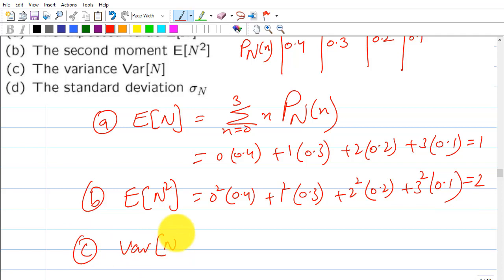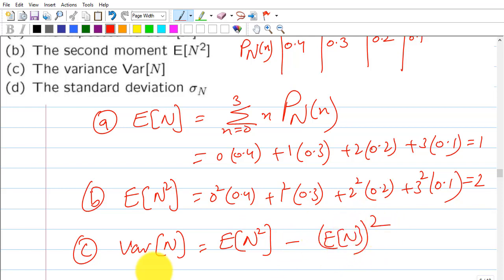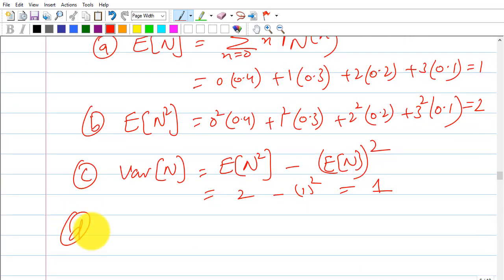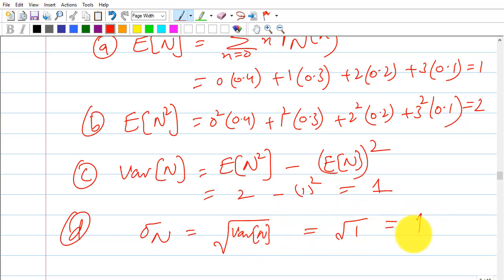Variance of N is equal to, using the relation, the second moment of N minus the square of the first moment, so 2 minus 1 squared. So the variance of N is 1. The fourth part asks for the standard deviation. The standard deviation sigma N is the square root of the variance of N, and the square root of 1 is 1.